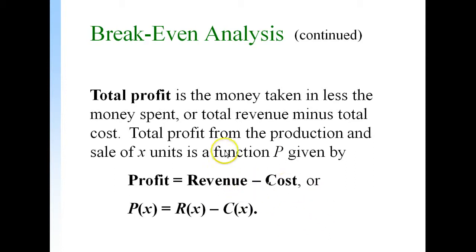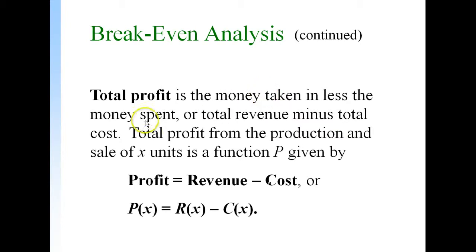So continuing and keeping in mind the graph we had on the first slide, total profit is the money taken in less the money spent. So again, if we make that graph, and you'll see some as we come up here, above the blue line, that is profit.